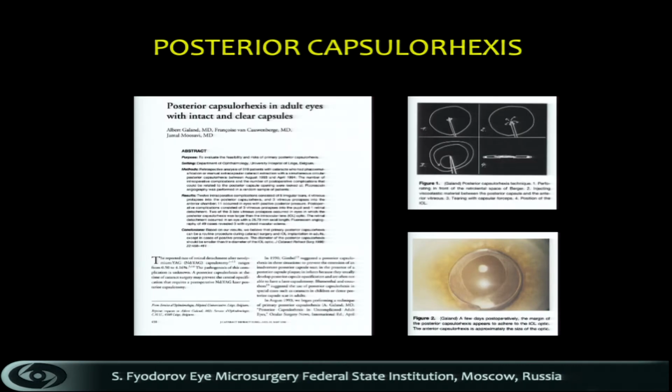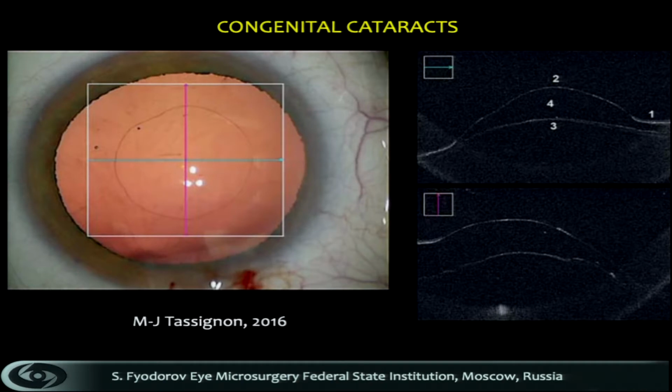And first it was described related to the posterior curvilinear capsulorhexis that was first introduced into clinical practice by the Belgian ophthalmologist Albert Galand. And then more recently there was an interest in that structure that was also generated by the excellent Belgian surgeon Marie-José Tassignon. She was studying the relationship of the posterior capsule and anterior vitreous in congenital cataracts.